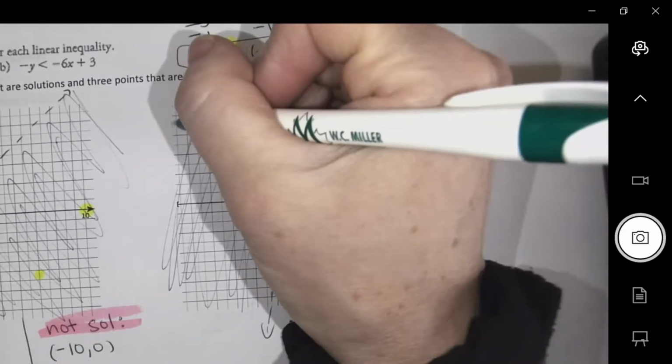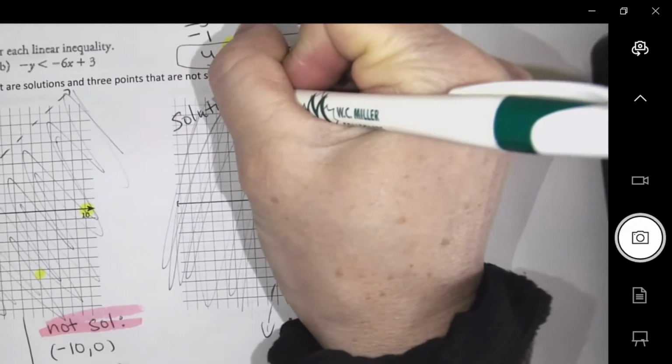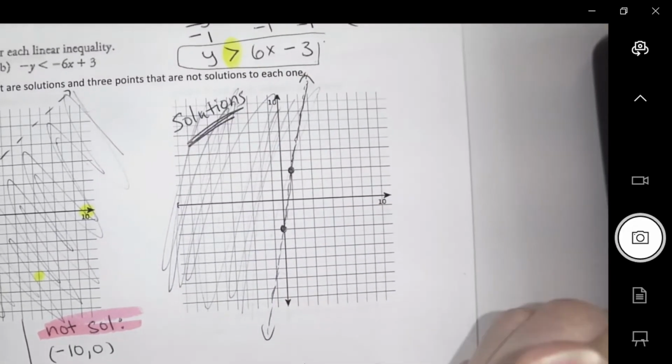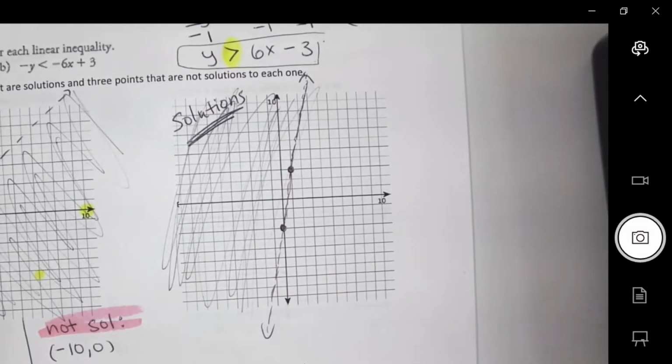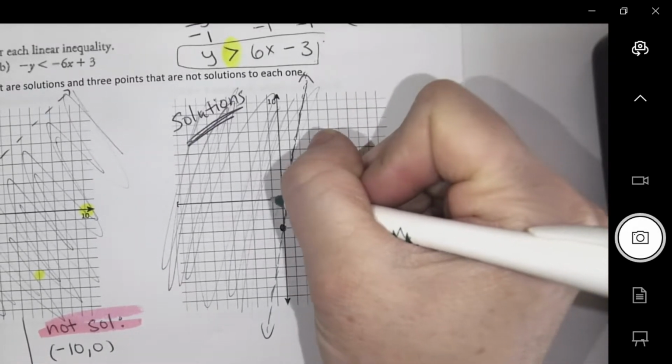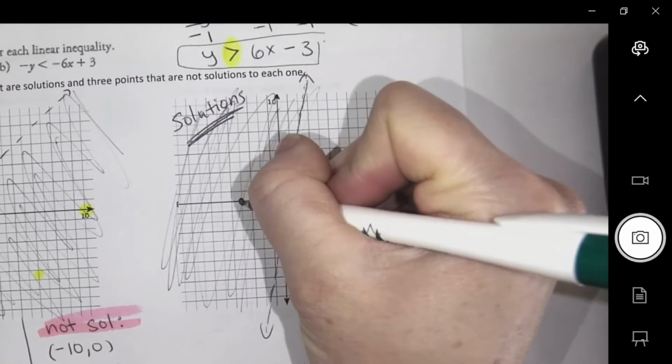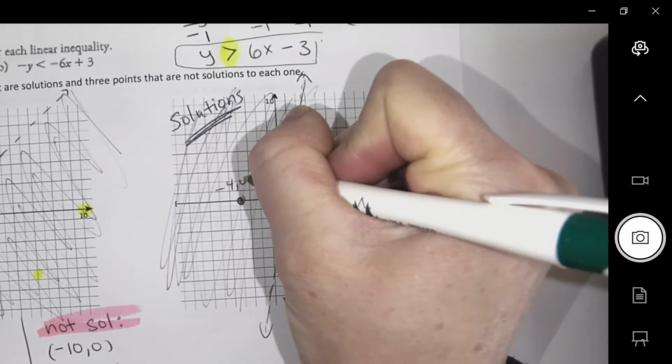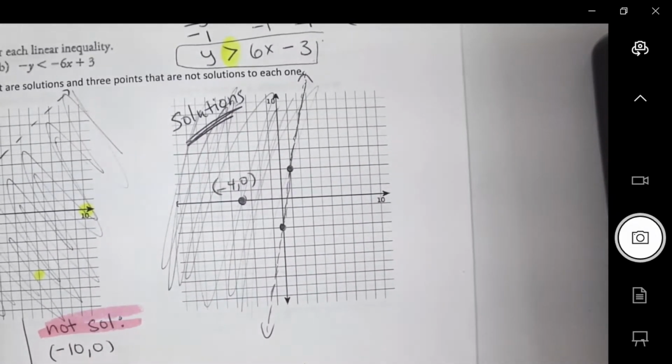Okay, so here would be points that are solutions. Can you name me 3 points in that zone? So something like that, -4, 0.